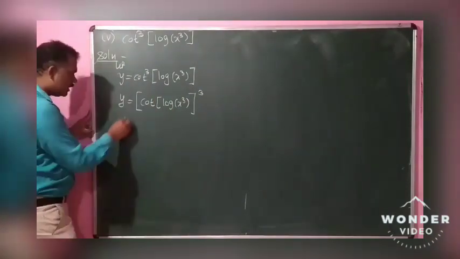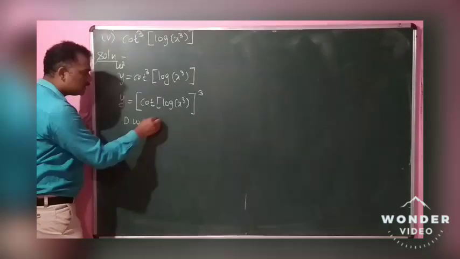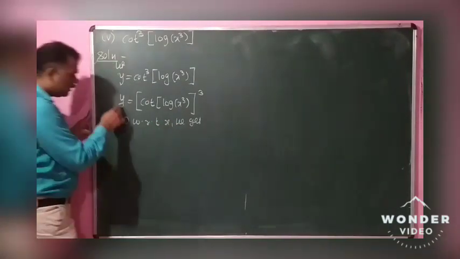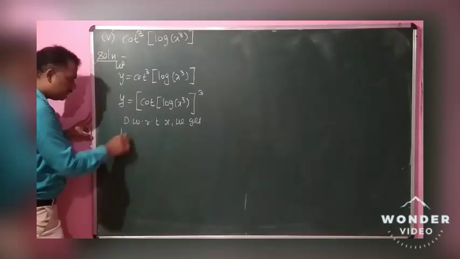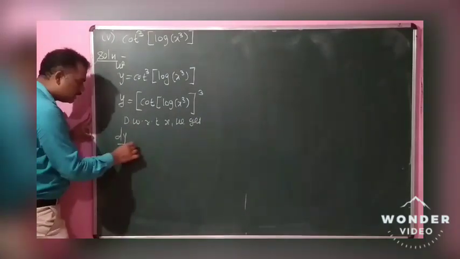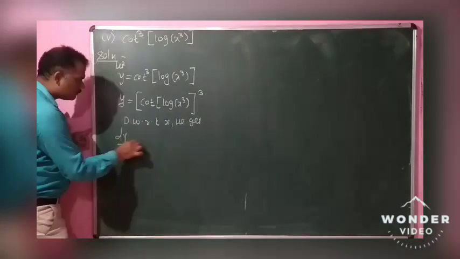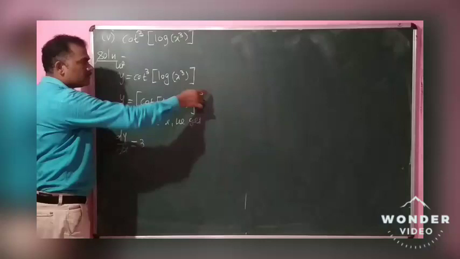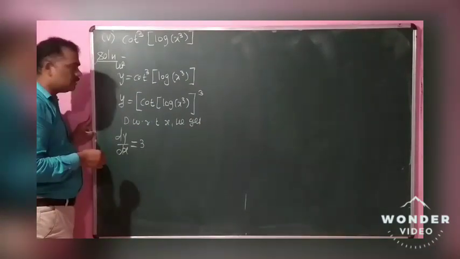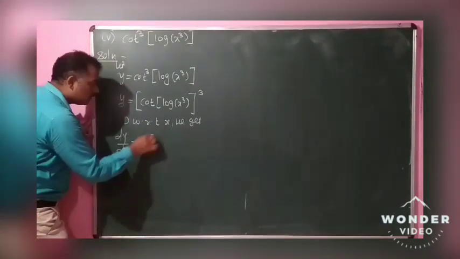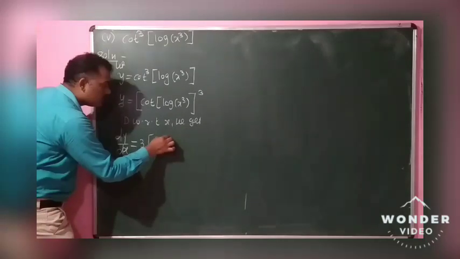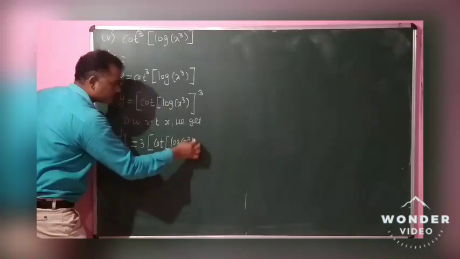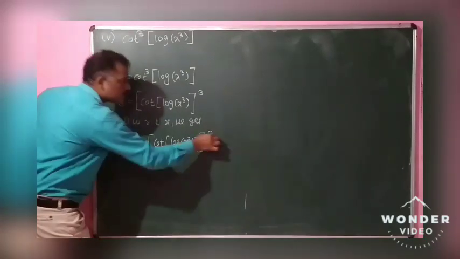Now we have to differentiate with respect to x. The derivative of y with respect to x is dy by dx. Take this power as it is, 3 into, and minus 1 from this power, 3 minus 1 is 2, that is cot of log of x cube, bracket square.